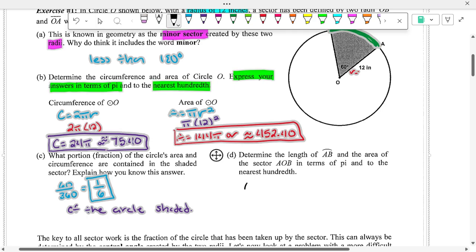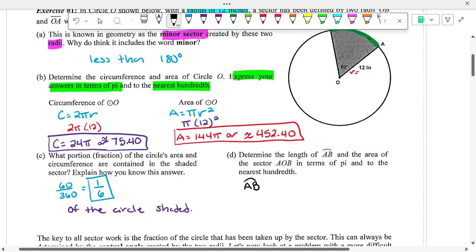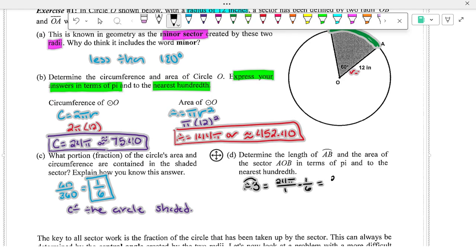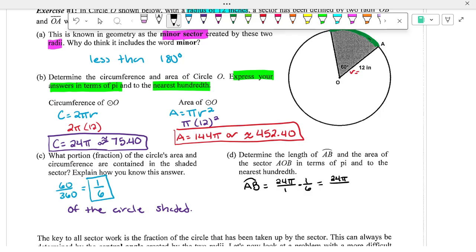So for AB, or the arc length, we're going to do 24 pi over 1 times 1 over 6. What's 24 pi times 1? 24 pi. What's 1 times 6? 6. Now, if I simplify that, what's 24 divided by 6? 4. So our arc length is 4 pi.